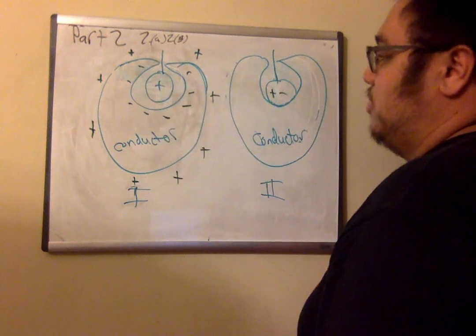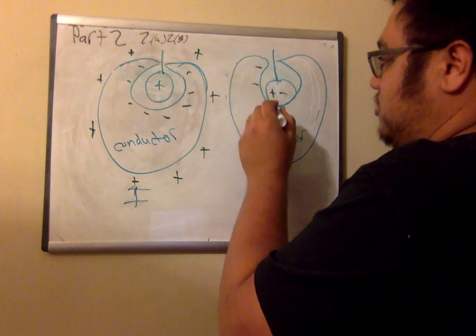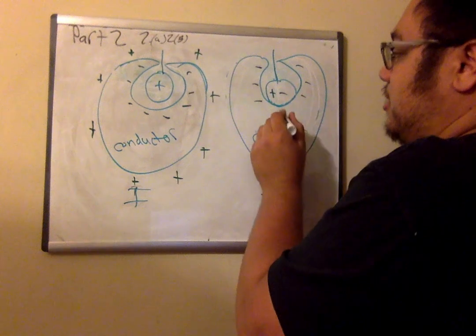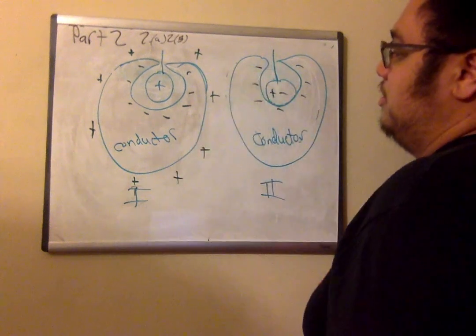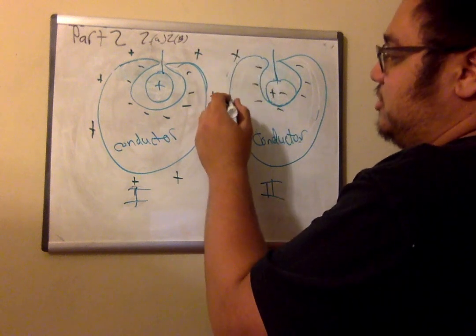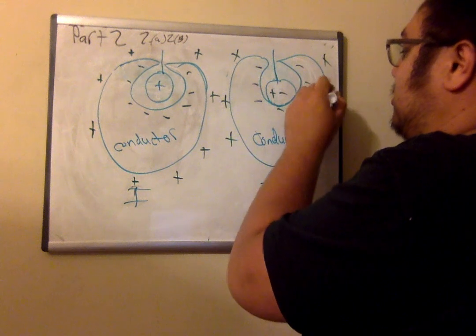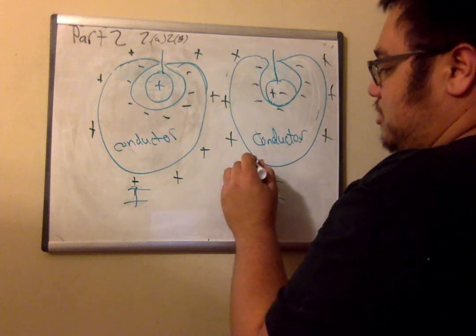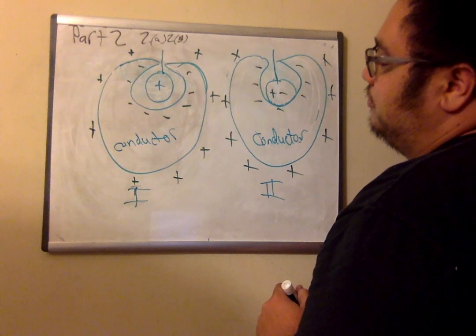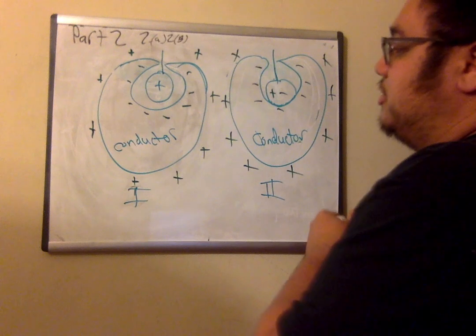So the one will enter there. Now the rest of the negative charges, 1, 2, 3, 1, 2, 3, will still be surrounding there, and we'll have our positive charges still on the outside. So 1, 2, 3, 1, 2, 3, 8. So here, I believe, is how it will be arranged.